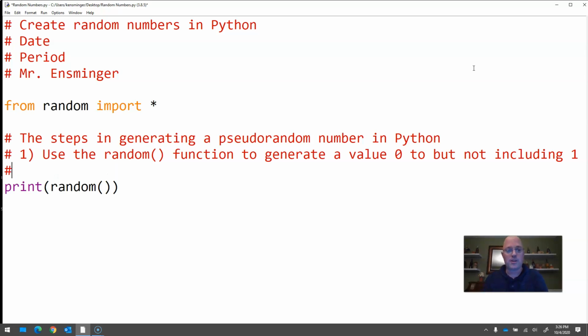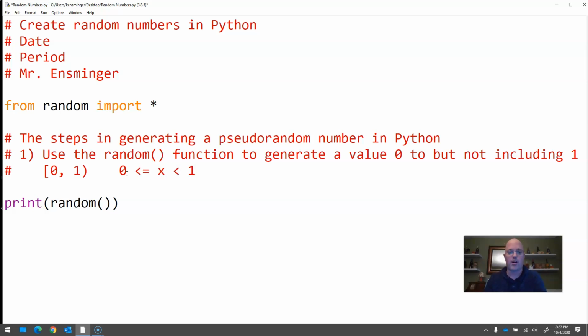Again, you guys that are at a high level of math, you have a square bracket 0, comma 1 with a parenthesis. Those of you that haven't quite gotten to interval notation, which I believe you learn maybe in Algebra 2 or pre-calc, that's perfectly fine. You don't need to know how that works, but you probably know it as something like this, where you have 0 less than or equal to x less than 1.